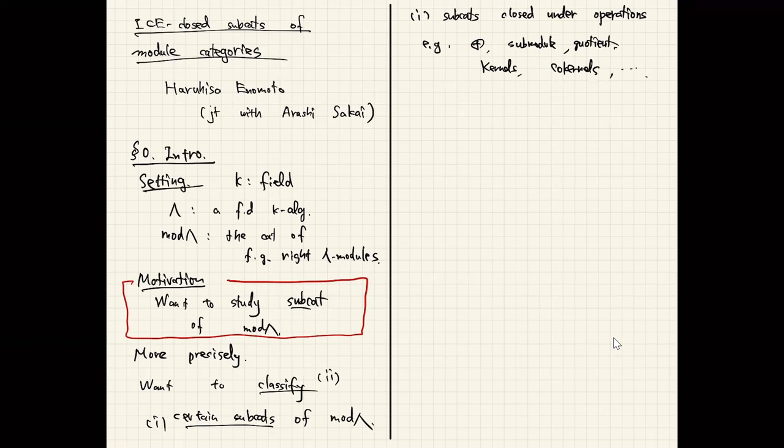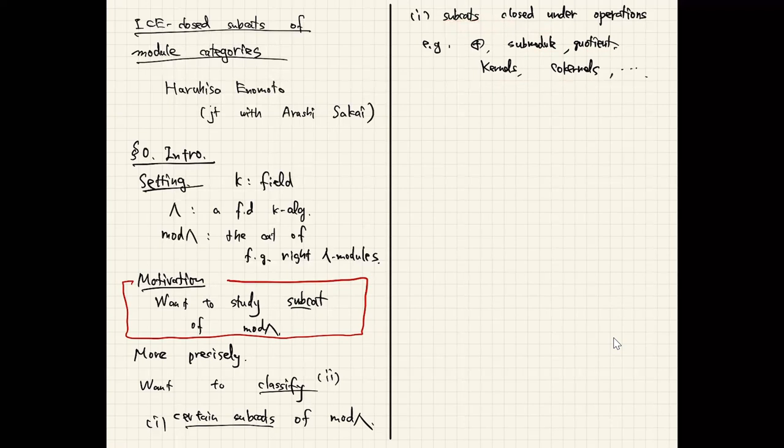There are many combinations of these properties. In the representation theory of algebras, particular classes of subcategories like torsion classes and wide subcategories, which I will define later, have been investigated.